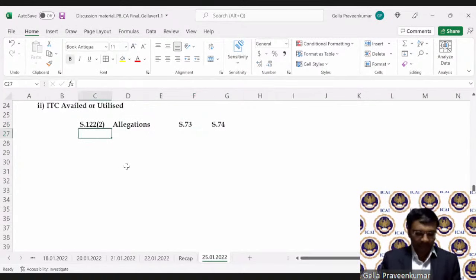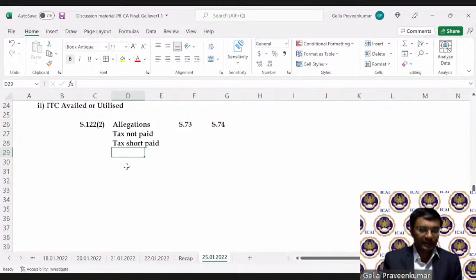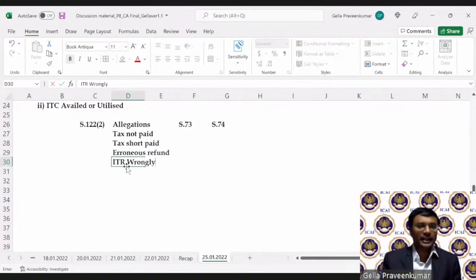Now, section 122, allegations could be on account of tax not paid, tax short paid, erroneous refund, ITC wrongly availed or utilized.